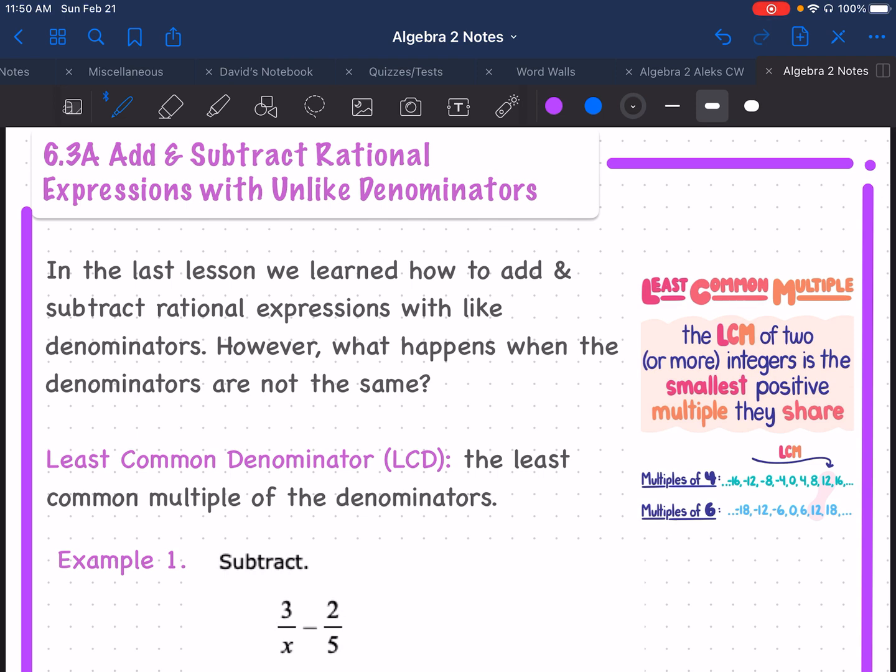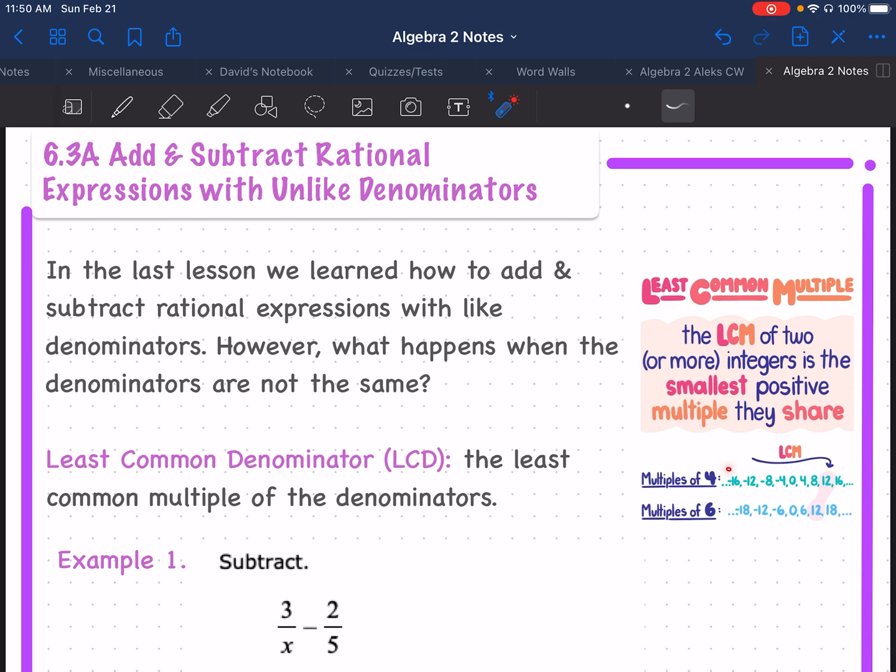If you take a look at our quick little poster over here, with just a reminder of how to find the least common multiple, or the LCM. The least common multiple of two or more integers is the smallest positive multiple that they share. So take a look at our examples here. The multiples of 4 are negative 16, negative 12, negative 8, negative 4, 0, 4, 8, 12, 16, and so on.